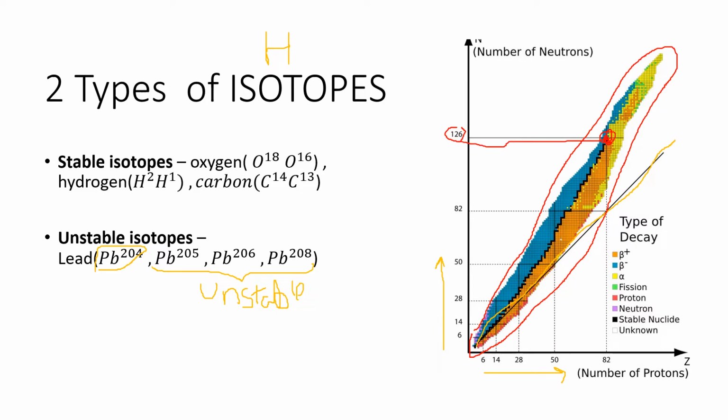Actually, sorry, this is not atomic number 126, but rather atomic number 82, as atomic number is determined by number of protons. So if we look at it, 82 atomic number, the number of neutrons are much more than the number of protons. Now this causes the atom to undergo radioactive disintegration. So unstable isotope lead to radioactive disintegration.